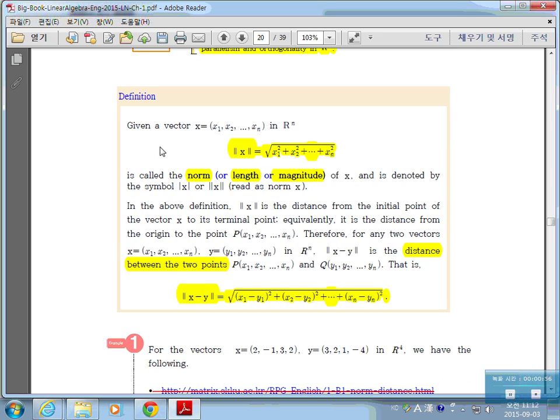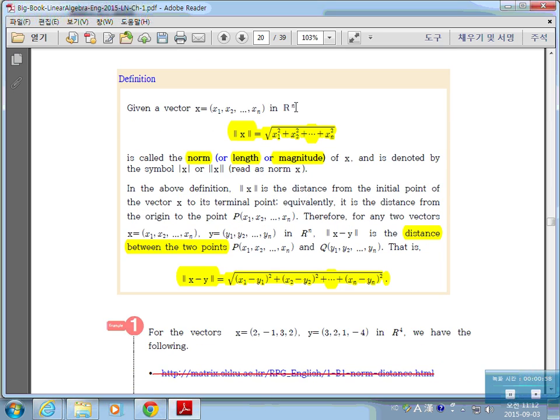Okay, here's the definition. Suppose we have a vector in Rn like this, then the norm of the given vector, or length or magnitude, is defined in this way: square root of the sum of the squares of each component. We denote it like this and read it as the norm of x.